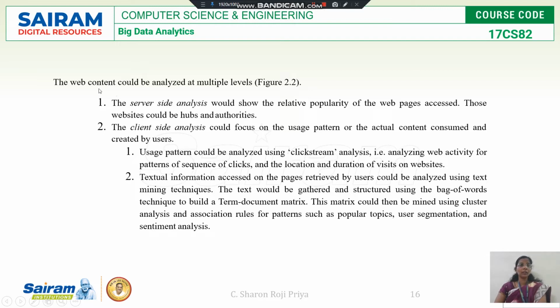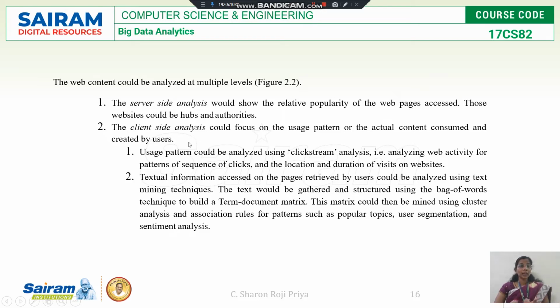Next, web content could be analyzed at multiple levels: server side analysis and client side analysis. Server side analysis is used to show the relative popularity of the web pages accessed. Those websites could be hubs or authorities.